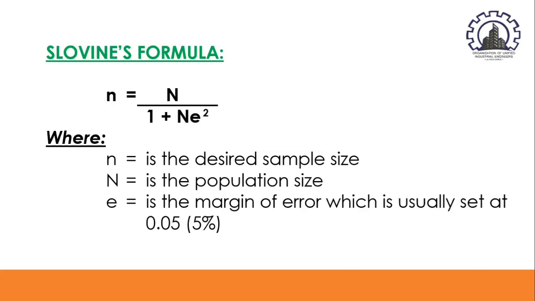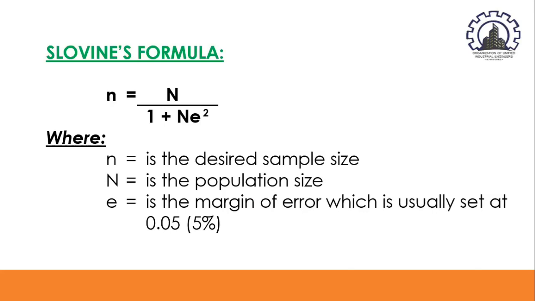However, most researchers often use the Slovin's formula, which is determined by n equals N over 1 plus N e raised to the power of 2, where small letter n refers to the desired sample size.